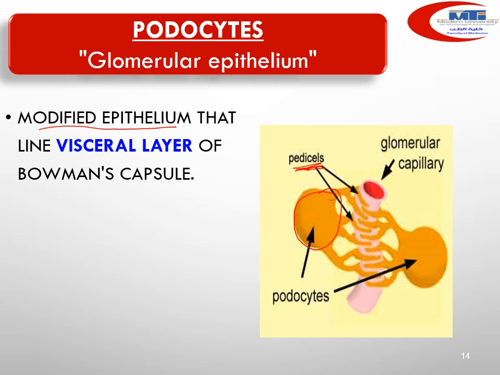This is a cell, and the cell sends lots of arms, and each of these arms forms secondary processes that line the capillaries. The blood passes through here, and the podocytes line all of the blood capillaries to form something called the blood-renal barrier.